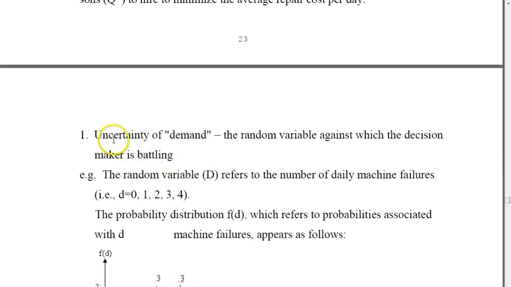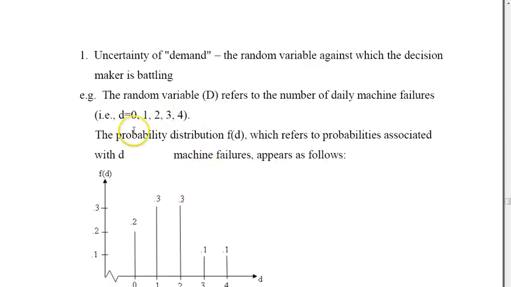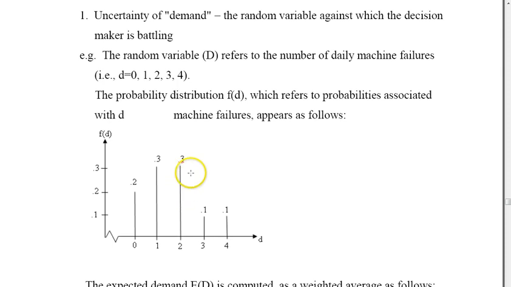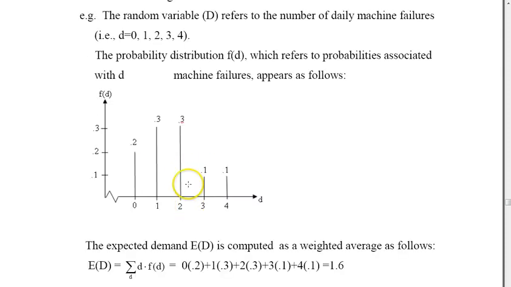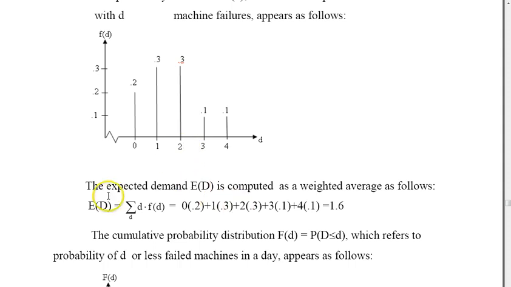Demand is uncertain, so we model that as a probability distribution, and this is the graph of the probability distribution for the demand. If we find its expected value, we use D for demand. The expected value is 1.6, which is probabilities times the corresponding values, added up.